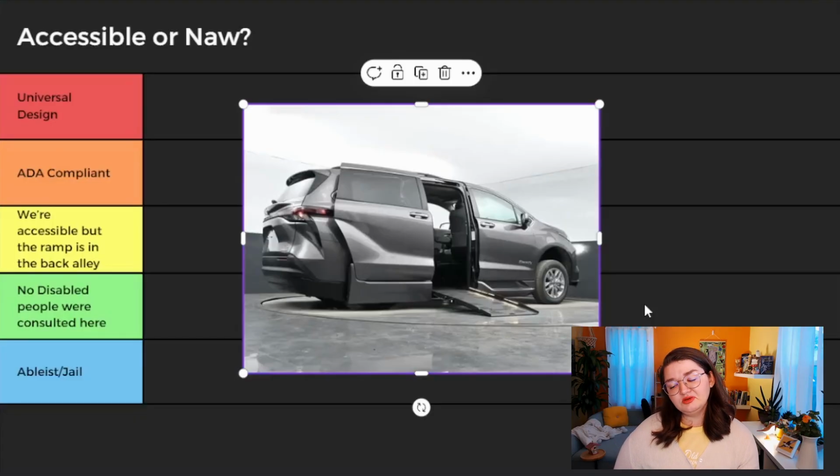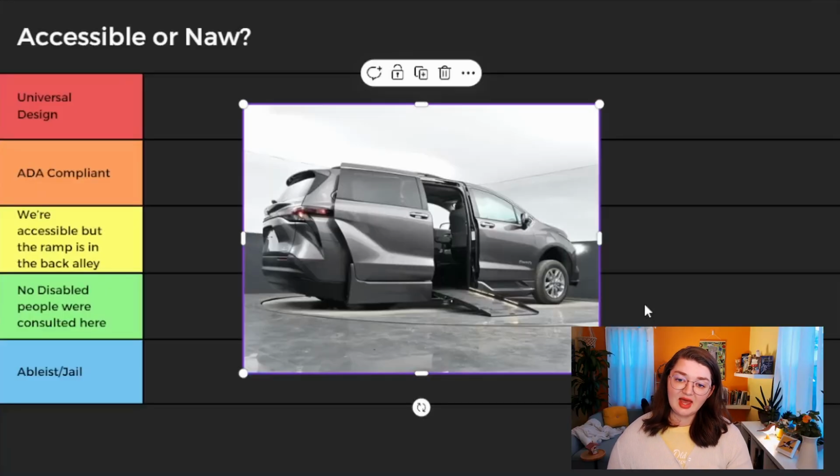I want to put this in the universal design category, but if you've been around this channel for a little while, you know that I went through a lot to get my wheelchair accessible van, and that's because they're so expensive. They're so prohibitively expensive that not everybody can access them. But as far as the product itself, it's really very good.